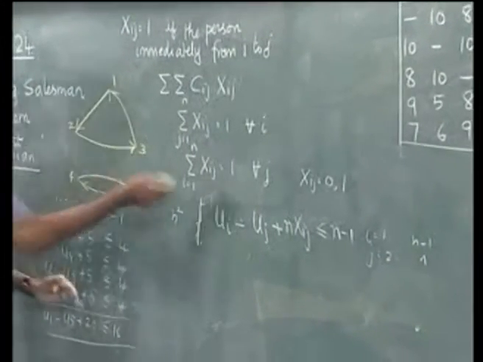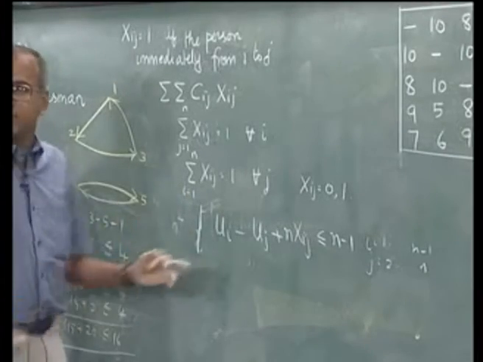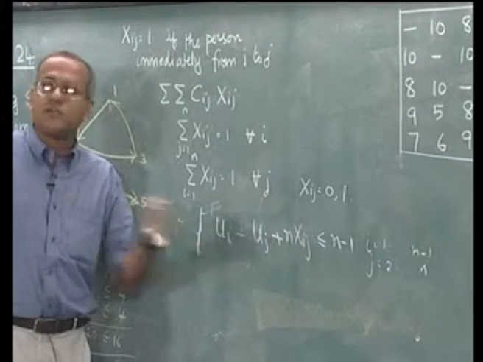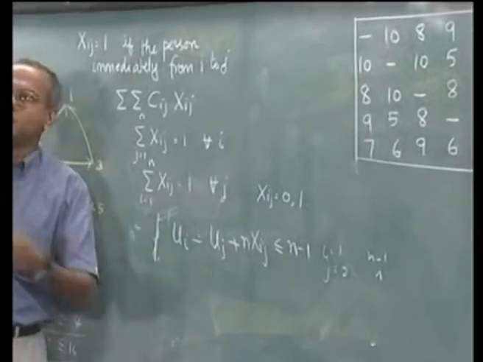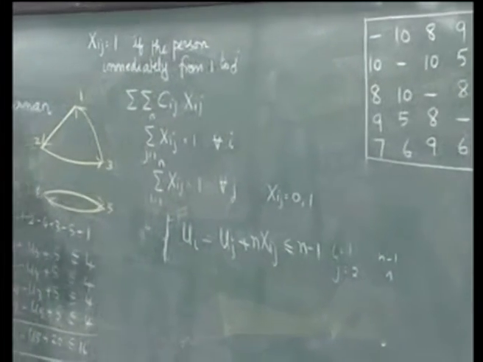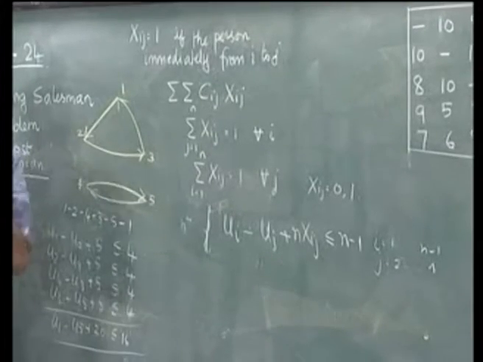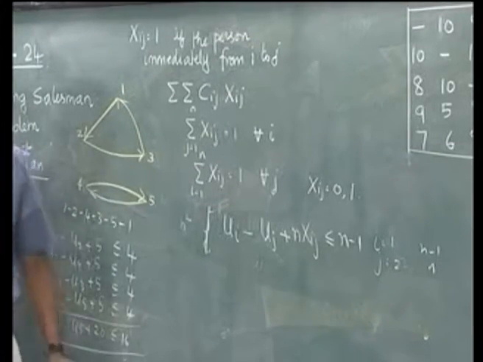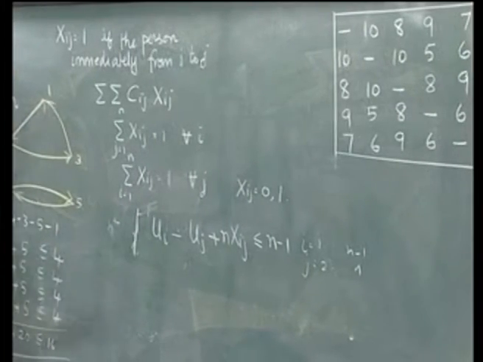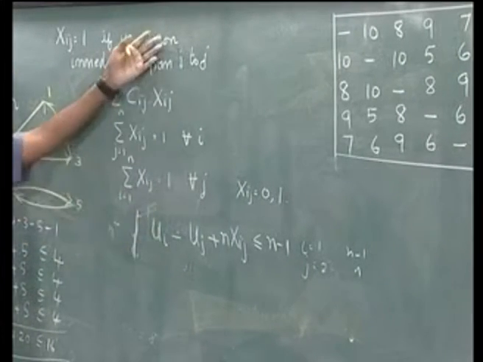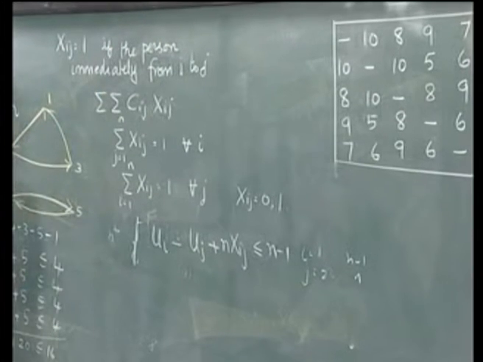This, with fewer than n square constraints, makes it a little easier from the formulation point of view, because otherwise we were looking at NC2 plus NC3 plus up to NC n by 2, which is a much larger number than n square. So, this kind of a substitution has been used extensively by people who actually formulated the TSP as an integer programming problem.